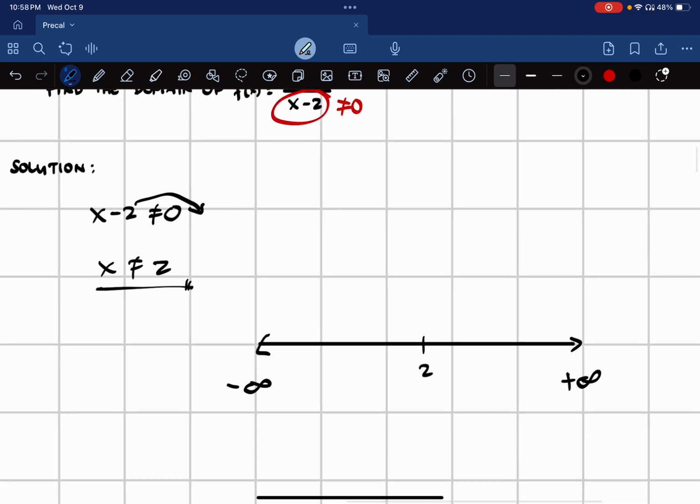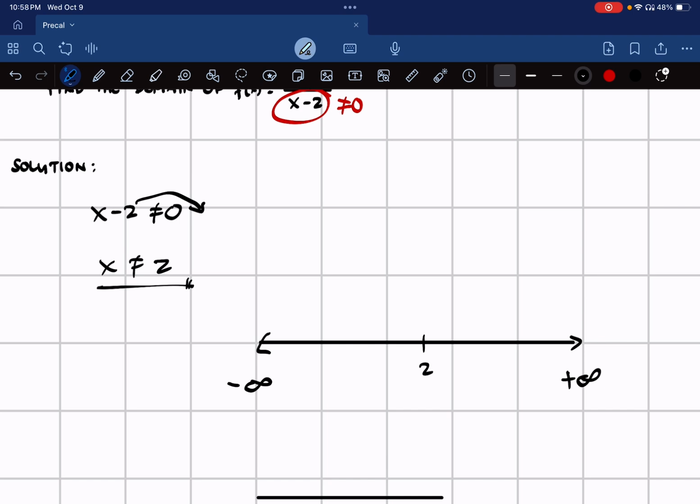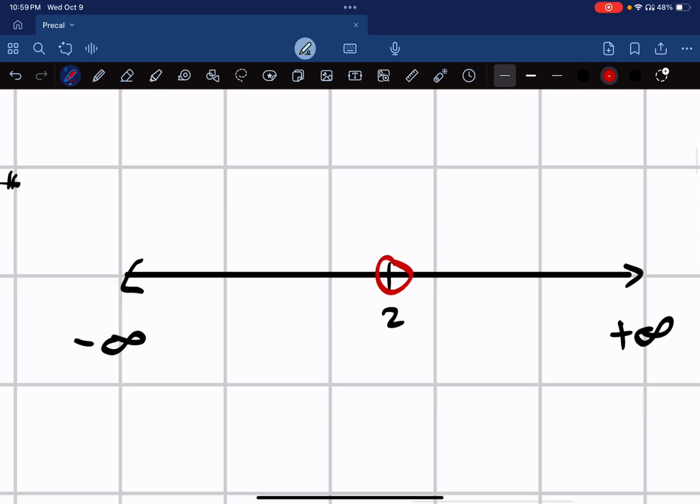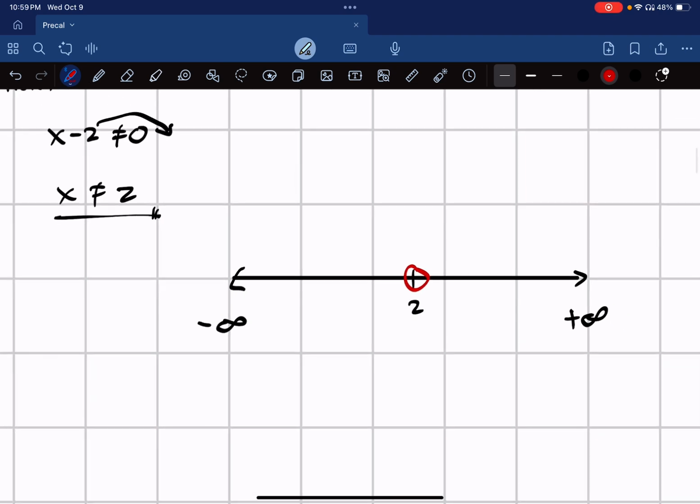Since ang ato restriction is dili siya dapat equal to 2, meaning this 2 right here is an open circle, indicating that this is not part of the solution. Since not equal to 2 man lamang, so ang values less than 2 and greater than 2, pwede siya na solution.